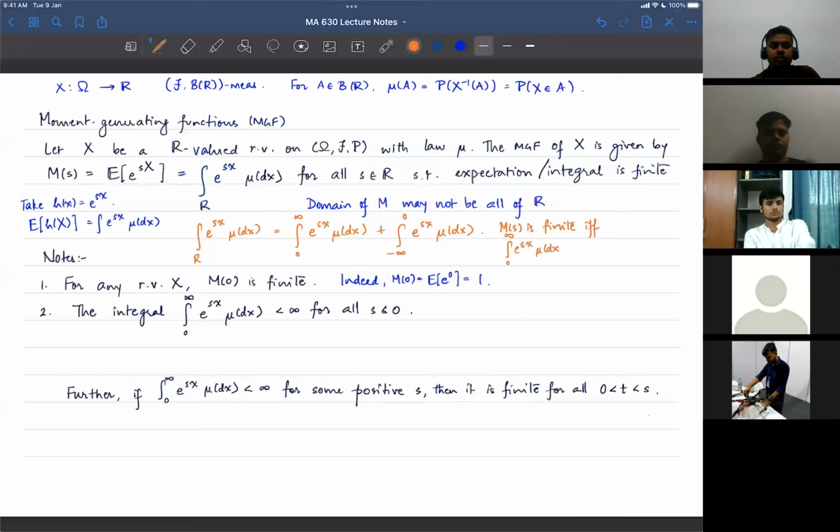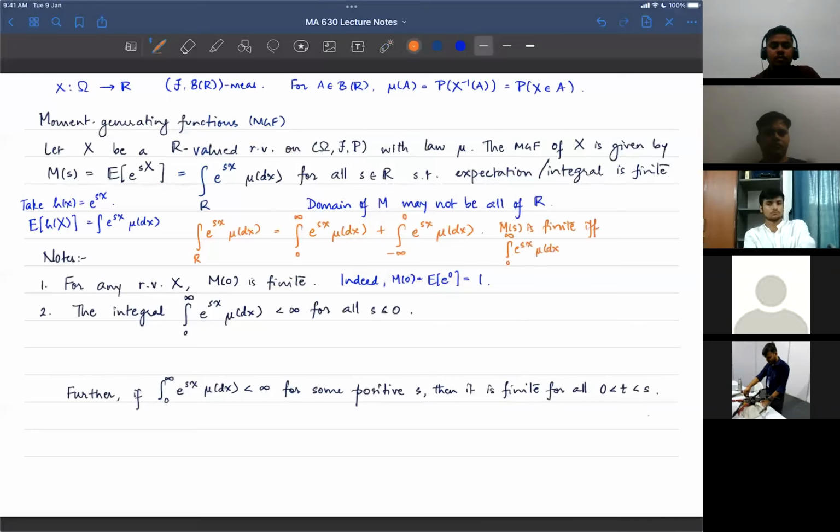Do you agree with that? All right, so where am I going with this? Basically, I want to convince you that for any random variable x, the set of points where the moment generating function is finite is always going to look like an interval. Always. That's what I want to convince you.